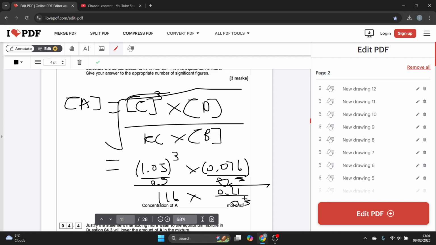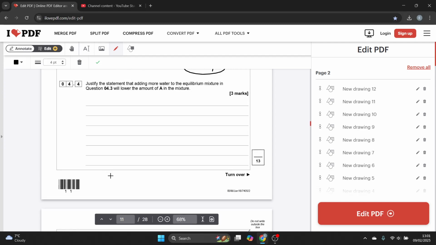So it's going to be the square root of 1.05 divided by 0.5 cubed times 0.076 divided by 0.5, divided by 116 times 0.21 divided by 0.5, and then you get 0.17. And yeah, you do have to include volumes because of Kc, because you can't just cancel out volume with Kc, because Kc is not with volume, so you do have to include volumes.